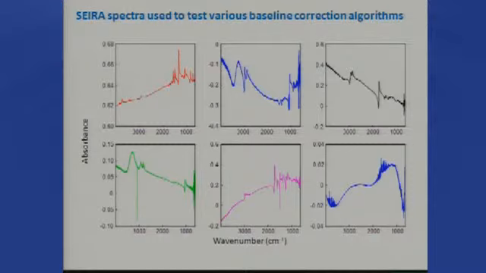The more difficult ones to baseline correct were these surface-enhanced infrared absorption spectra, where the metal nanoparticles were close enough to be at what's called the percolation limit, and in this particular case, you get bipolar spectra, and many of the various automated baseline correction methods don't work very well.